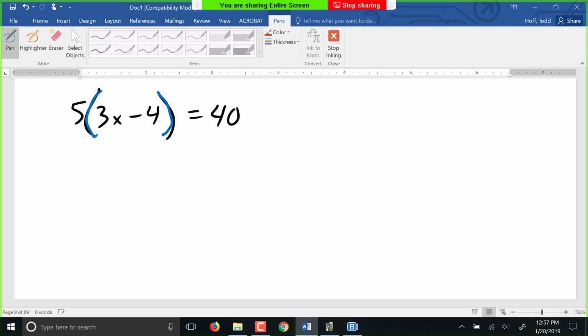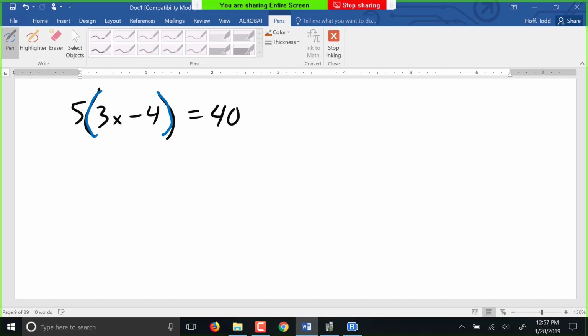So 3x minus 4 is in the parentheses. Can we combine anything inside the parentheses? No. So when we see parentheses, there's always two things to check for. That's the first thing to check for, is there anything to do inside these parentheses? Here that answer is no.